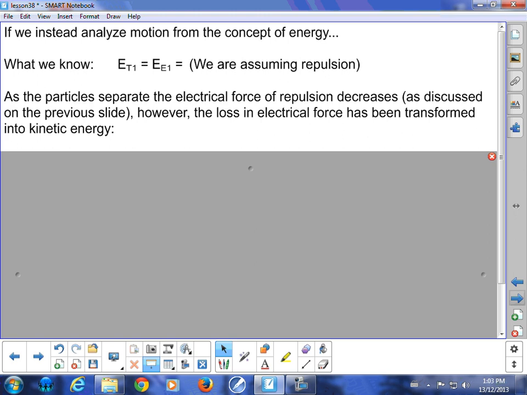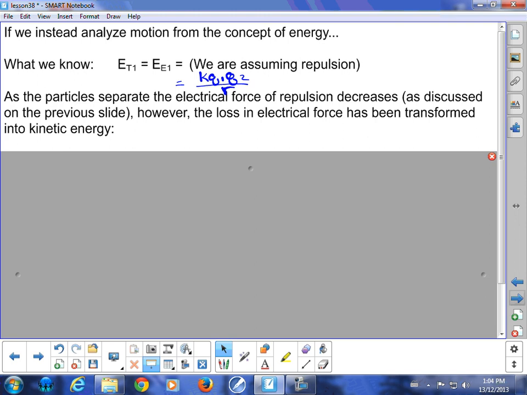We know that the total energy ET1 is equal to EE1, and we're going to assume repulsion here, which is equal to kQ1Q2 over r. That is from our energy formula. So the total energy in the system, conservation of energy states, is going to be kQ1Q2 over r from our previous lesson on energy in a system.